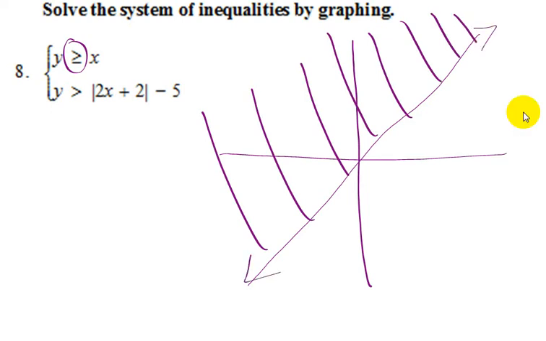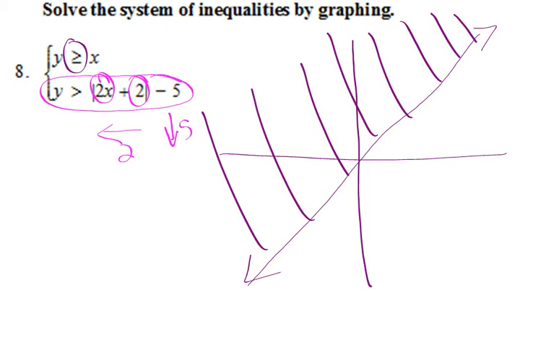Now the next line that we're graphing says y is greater than, well, it's an absolute value, right? And it is stretched a little bit, so 2x, and then the plus 2 means it's shifted to the left 2, and the -5 means it's shifted down 5. So we're going to have some kind of absolute value function shifted to the left 2.